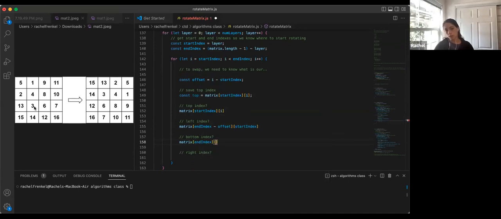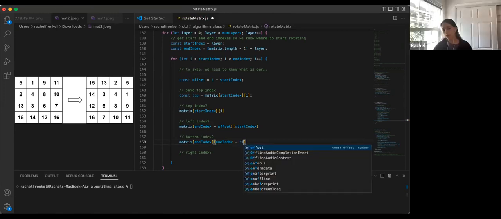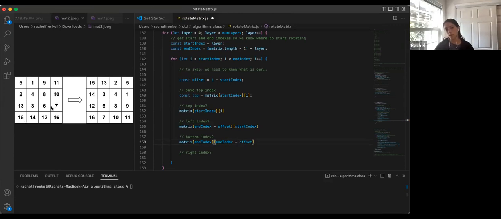And we're just switching the column number, right? And the row is end index, absolutely, because we're at the bottom here. Now the column number starts at end index, but it needs to change. So what do we need to do? Minus offset, because we're subtracting, we're going left. Yeah. But perfect.